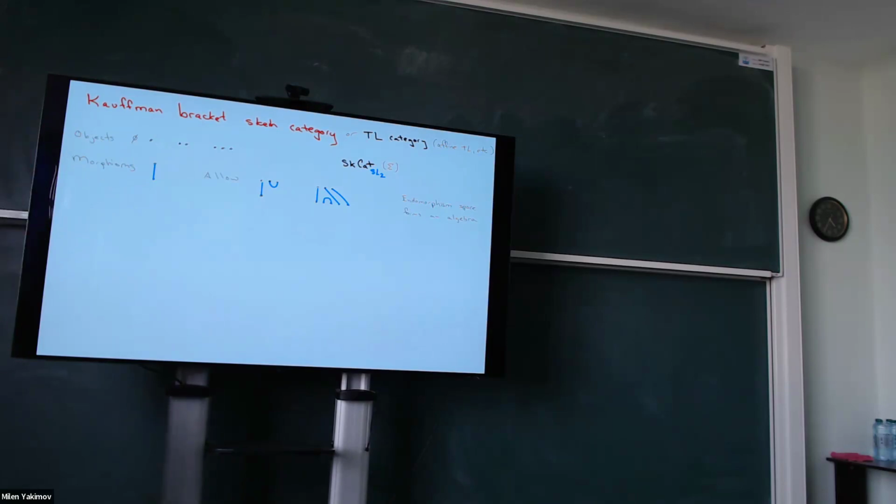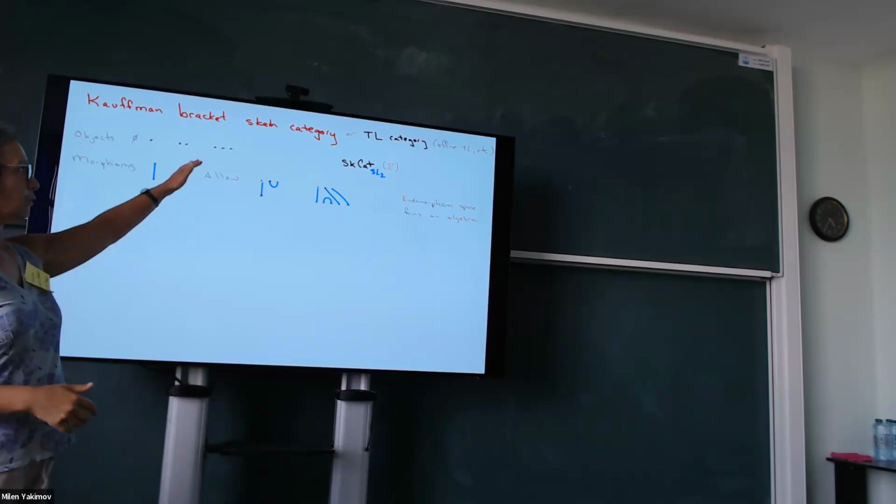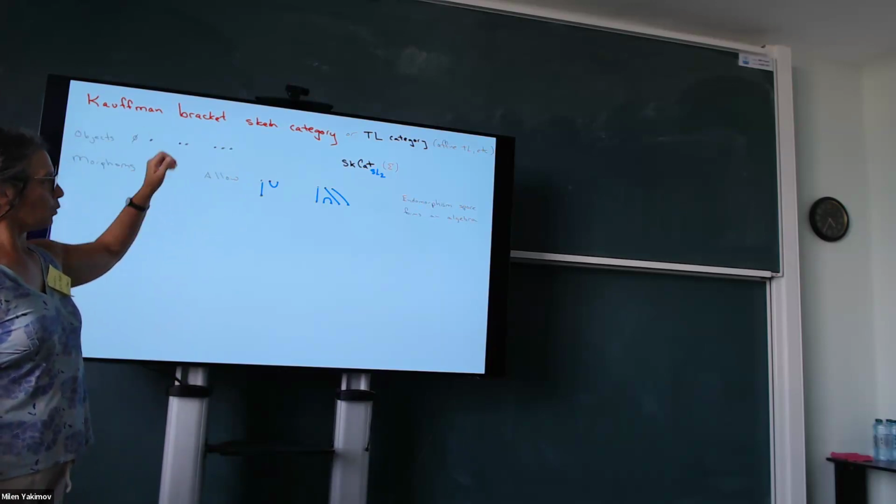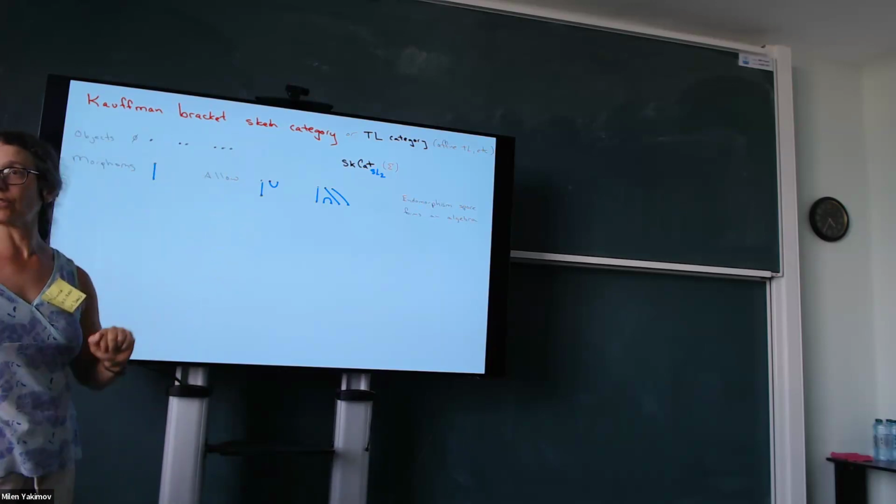And what are the morphisms in your category? Well, morphisms are between objects. You take any collection of dots here and any collection of dots there, and you draw these lines between them up to isotopy and satisfying your relations. And so instead of just having one dot to one dot, you do 1 to 3, or 5 to 3, and so on.